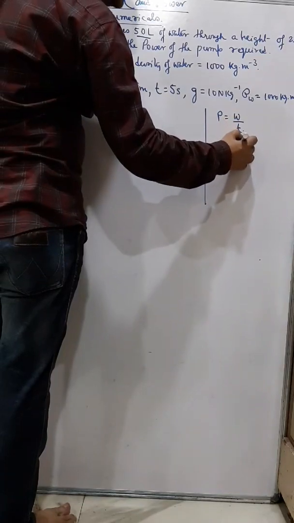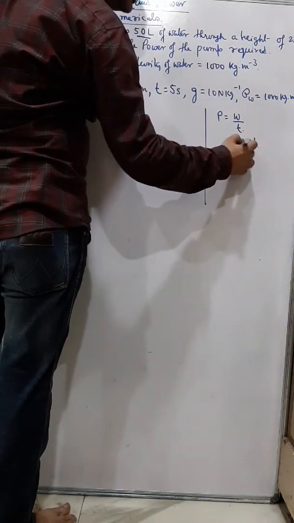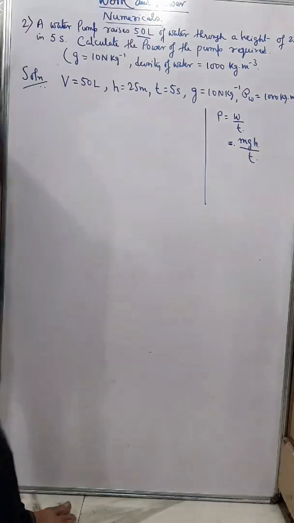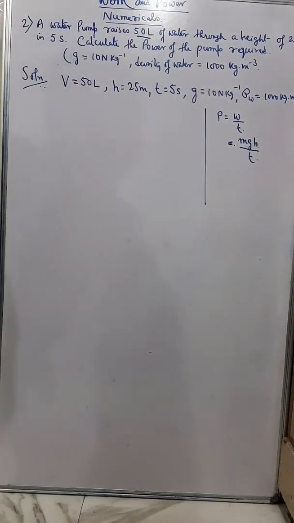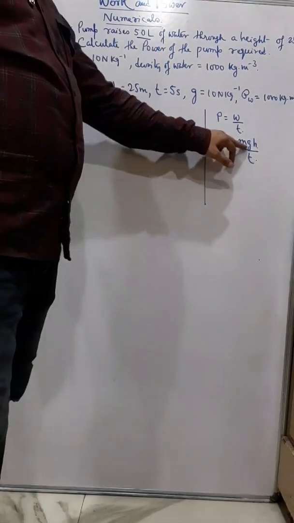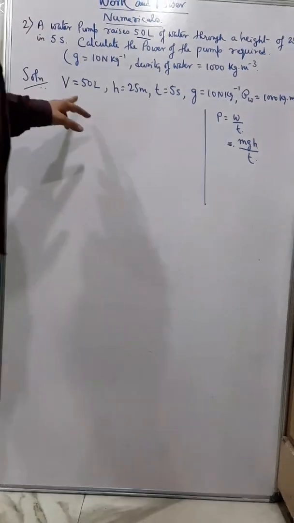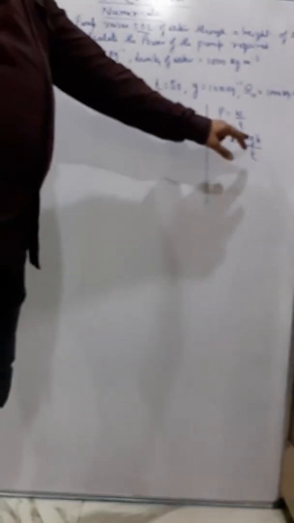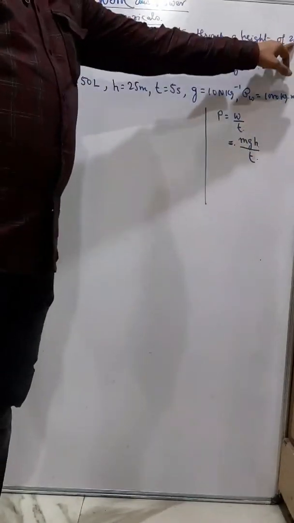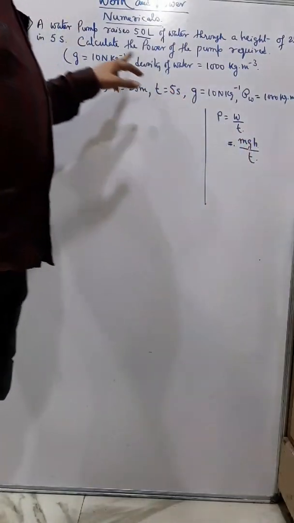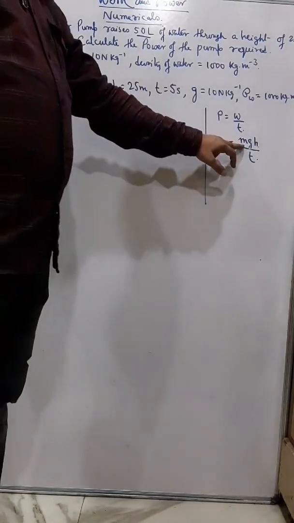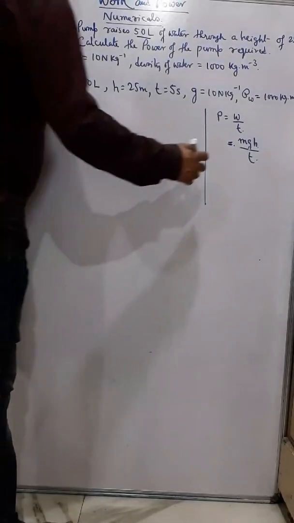So work also means m into g into h. So just now in the previous sum we have seen work done by the gravitational force was mgh. So in this case also we can say work done is m into g into h. So we require height, that we know, we require g, that we know, but we don't know m. M means mass. So now I have to think how can we get mass.